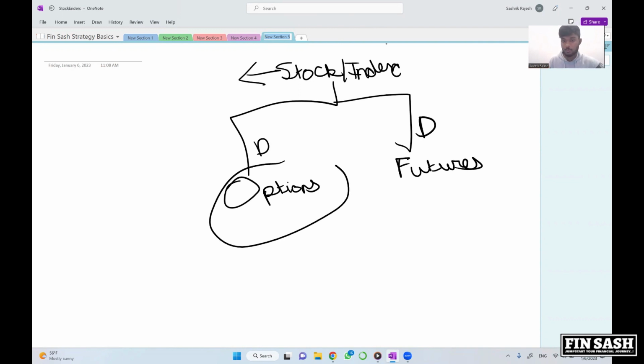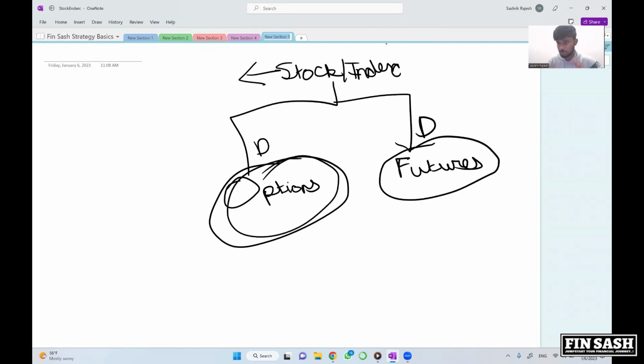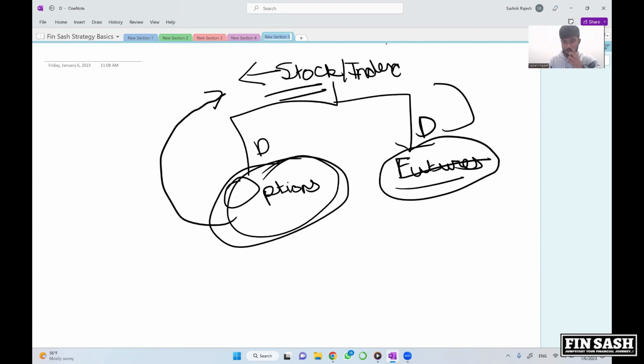So what's a derivative? These values are not the original values of a stock or an index. These are values derived from the original value, right? So that's a derivative.